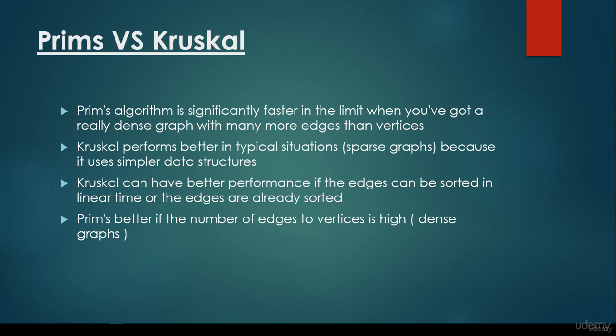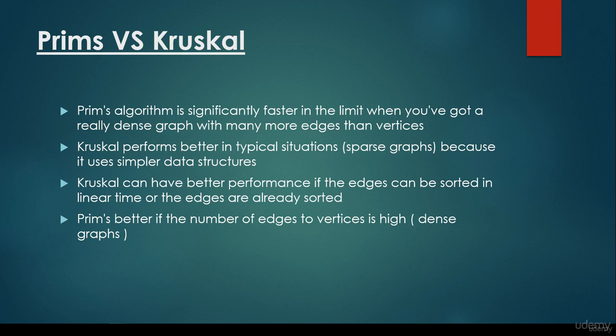Kruskal can have better performance if the edges can be sorted in linear time or are already sorted, and Prim's-Jarník algorithm is better if the ratio of edges to vertices is high, so the graph is dense. So it is a good rule of thumb that if there's a dense graph, which means the number of edges is very high, then we definitely have to use Prim's-Jarník algorithm.